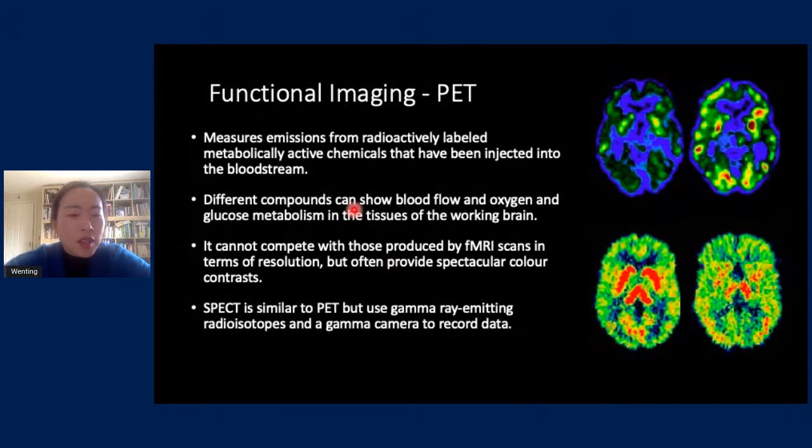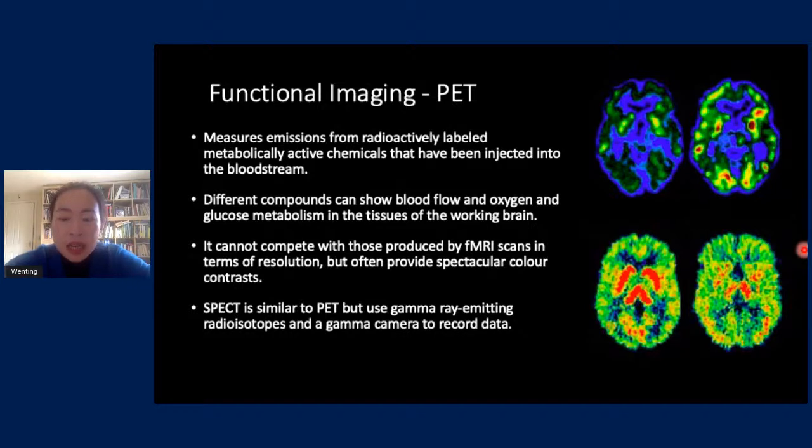The last one I'm going to introduce about the functional imaging is the PET scan. It is called positron emission tomography. This type of scan measures emissions from radioactively labeled metabolically active chemicals that have been injected into the bloodstream.